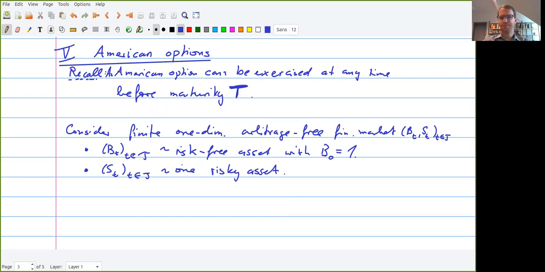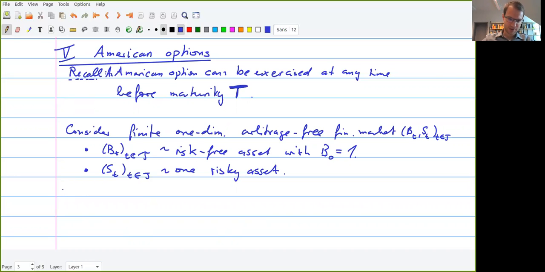Okay. So what's now the difference to the European one? The first difference is where we had these additional exercise rights, meaning the holder of the option can exercise at any time before maturity. So we need to mathematically define, as a first step, what is the payoff of the option at any time before maturity, right?